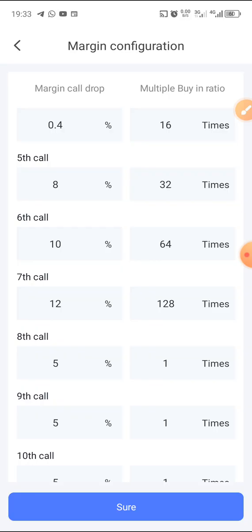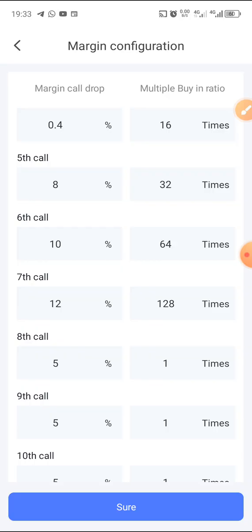Depending on your risk appetite, how do you want to put in your money? Remember, we are looking at capital management. How do you want to manage your capital? Do you want your robot to be putting in your money at a higher rate?